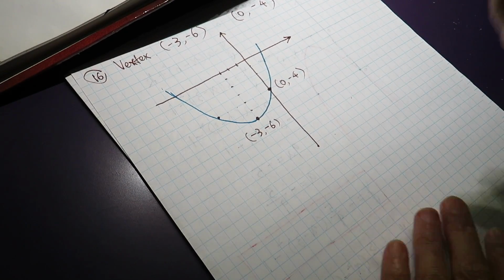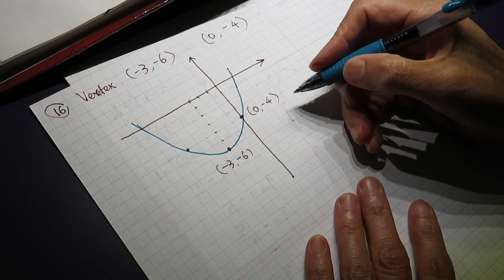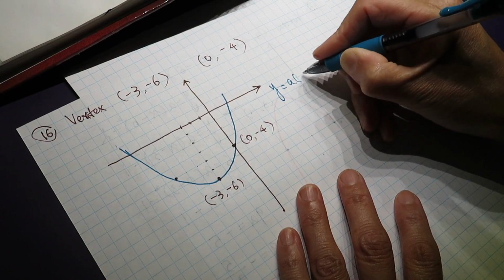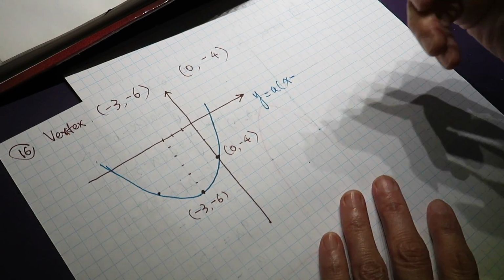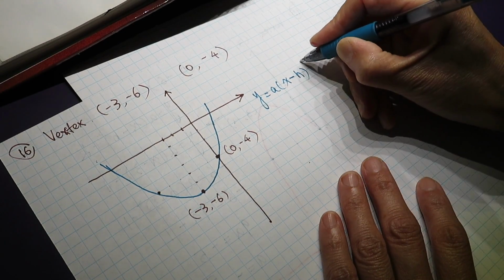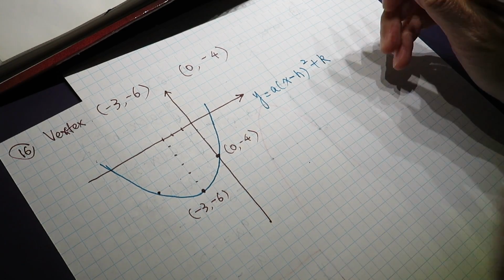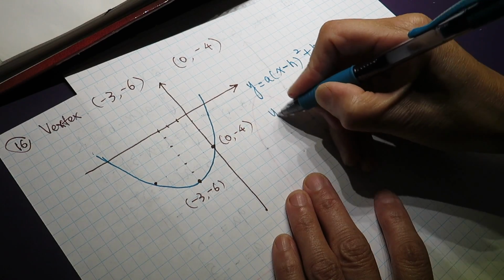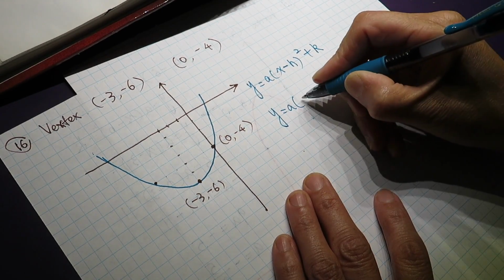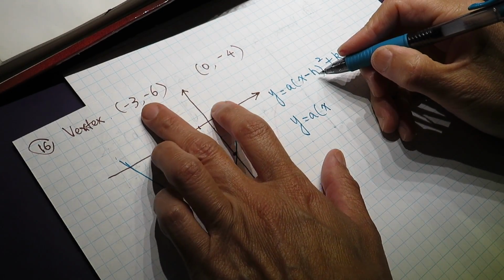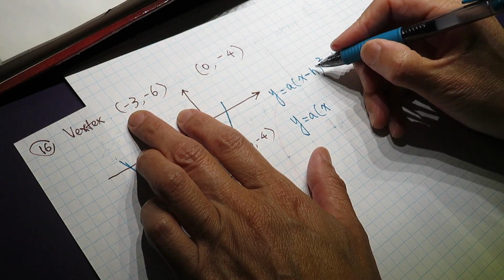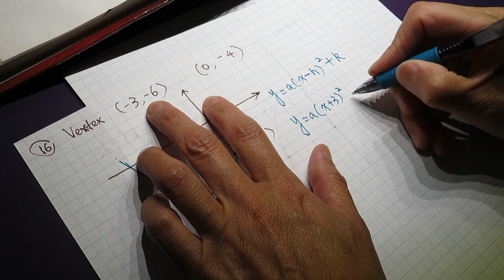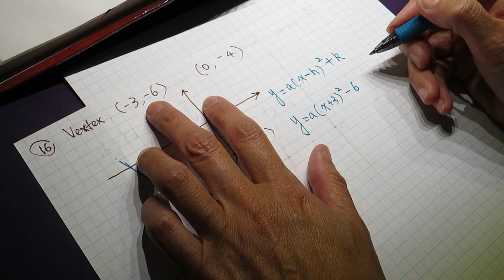Okay, let's do it. So we plug in y equals a(x - h) squared plus k, right? So y equals a times (x plus 3) squared, since h is -3, and k is -6, right?